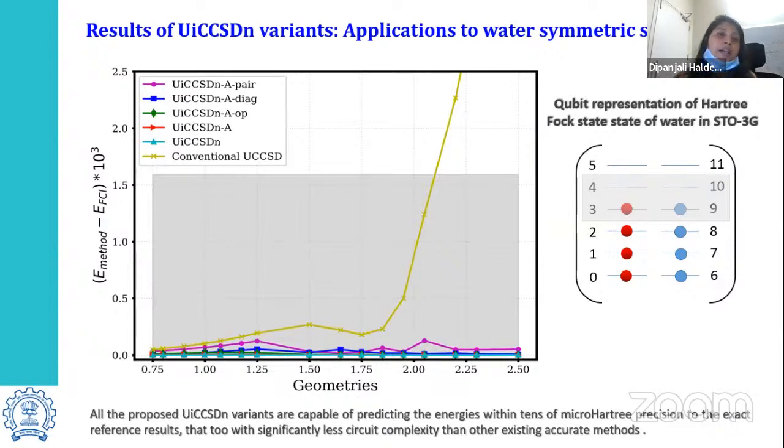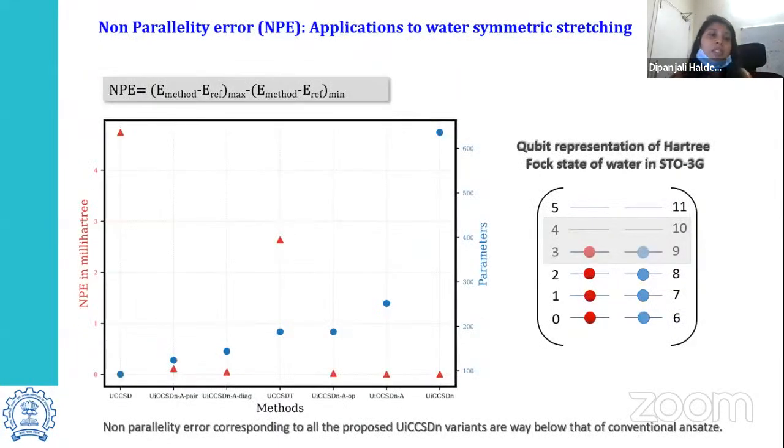But unlike the conventional UCCSD, where UCCSD does pretty well till geometries of 1.75 angstrom, but it fails for the geometries beyond that, we can say that UICCSD and its various variants are performing pretty well throughout the potential energy surface. And we have also plotted the non-parallelity error corresponding to our ansatz and the parameter requirement also.